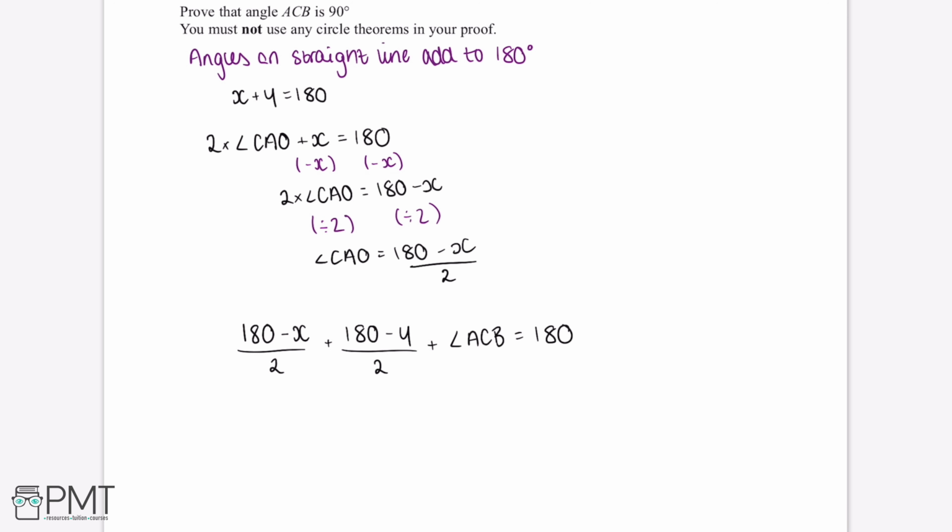So the first thing we can do is write this into a different form so that it is easier to rearrange. So (180 minus X) divided by 2 can be written as 90 minus X over 2. And then (180 minus Y) divided by 2 can be rewritten as 90 minus Y over 2.